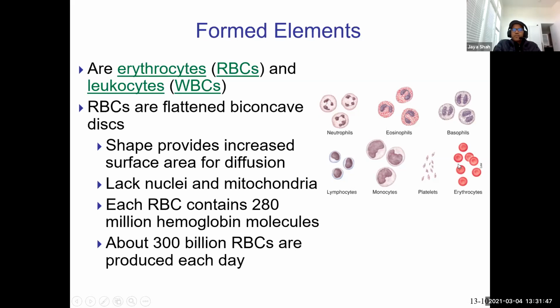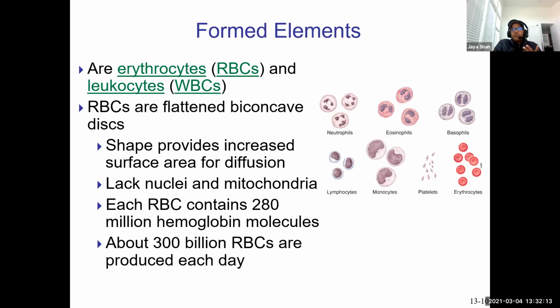RBCs are also called red blood corpuscles or red blood cells or erythrocytes. They are a circular structure with biconcave discs. So this is like a donut without a hole.